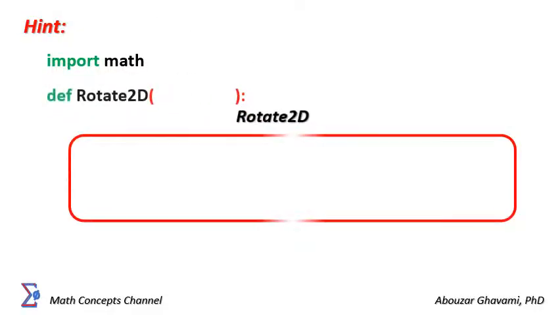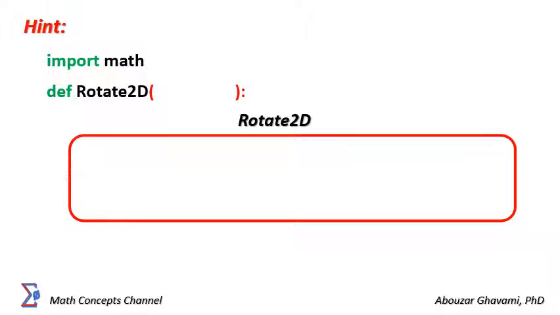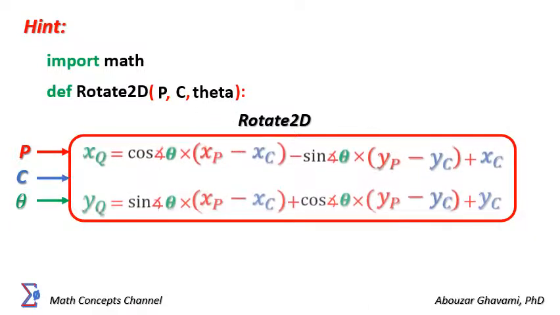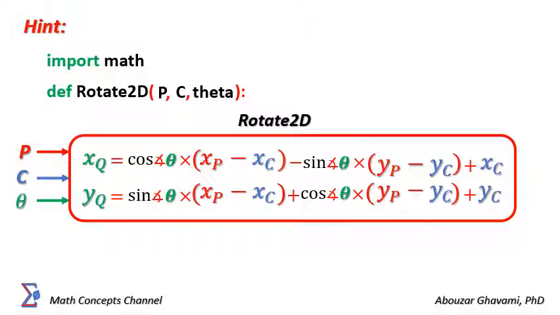As a hint, import math library in Python and define the rotate2D function that inputs rotating point P, center point C, and angle theta. Then use the equations for rotating a point around another point in two-dimensional space and return the rotated point Q.